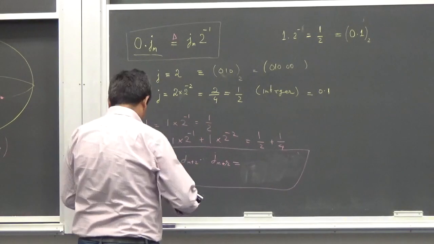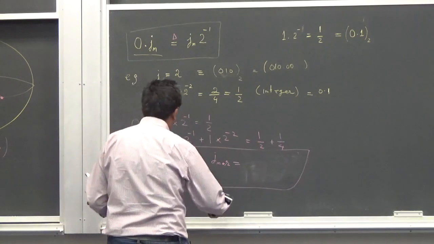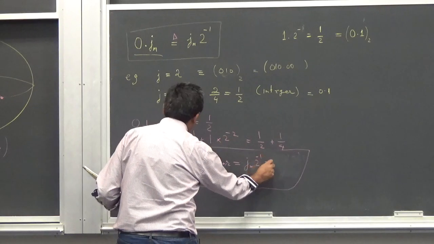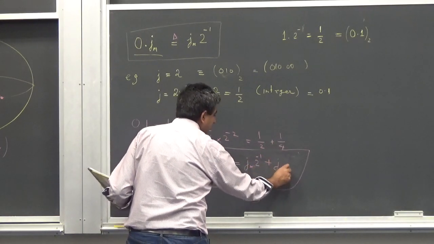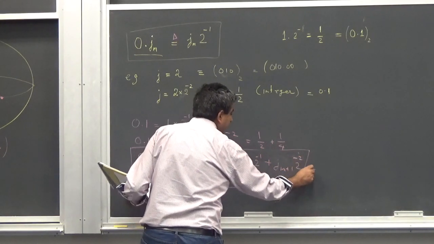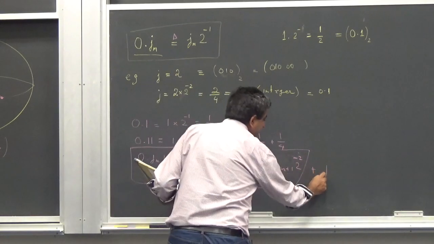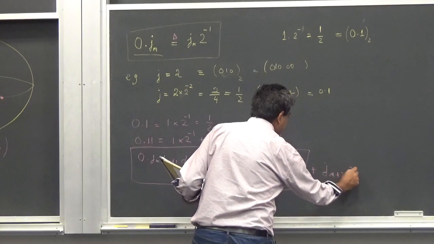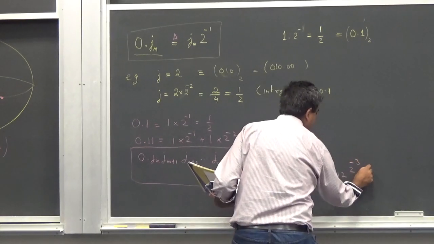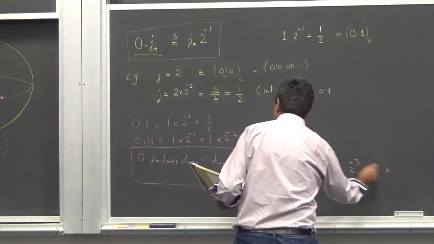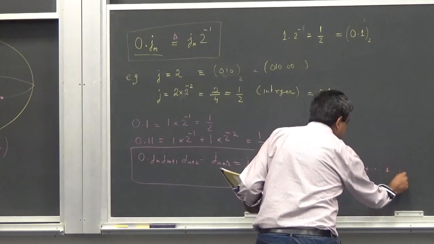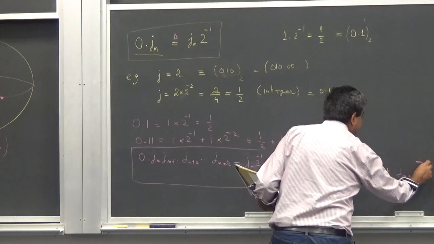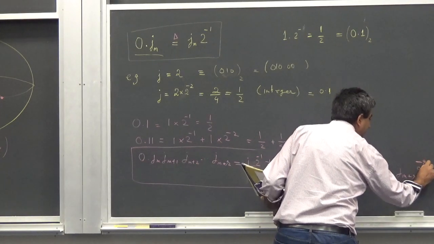0.Jm, Jm plus 1 is really equal to Jm 2 raised power minus 1 plus Jm plus 1 2 raised power minus 2 plus the next term Jm plus 2 2 raised power minus 3, all the way up to the last term Jm plus r 2 raised power minus r plus 1, which is minus r.